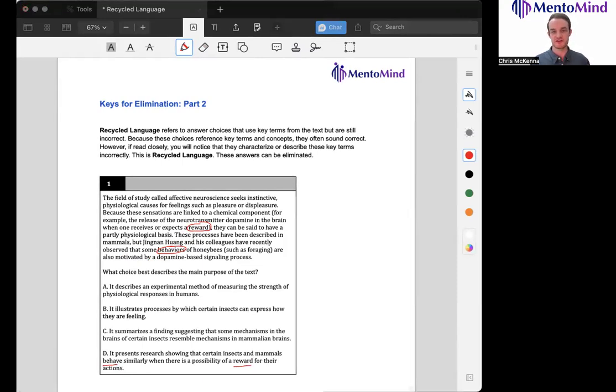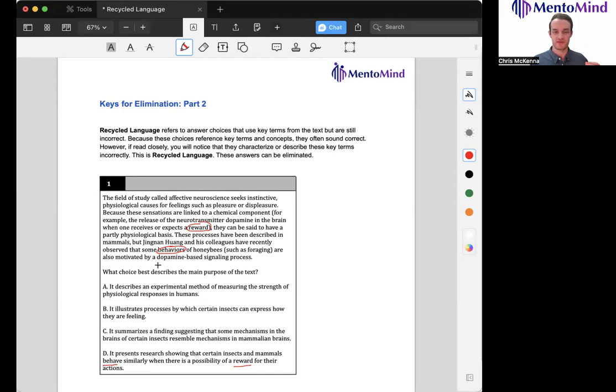So there actually is no discussion in the text about any similarity in the behavior of insects and mammals. The passage states that both insects and mammals appear to have a dopamine pathway in the brain. Okay. We see that dopamine is released in mammals when there is an expectation of reward.